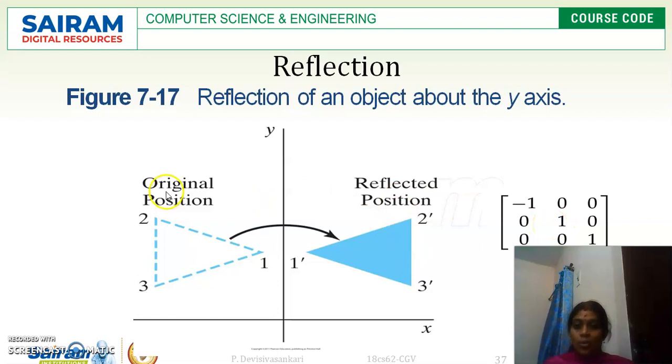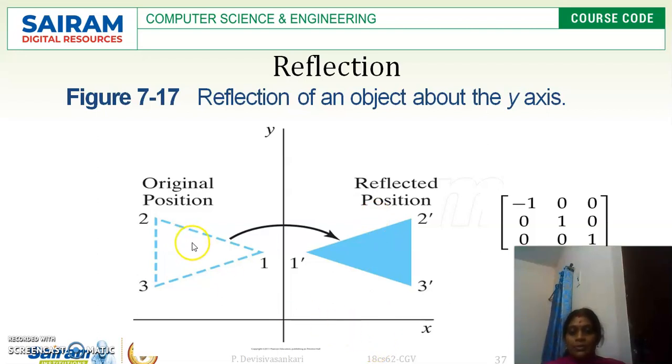So here this is the original position of the triangle. If it is reflected to this area, then we will get 1 dash, 2 dash and 3 dash, and the corresponding matrix is minus 1 0 0 and 0 1 0 and 0 0 1, right? So here this part is called the all positive coordinate part, and here we will get y as negative, right?